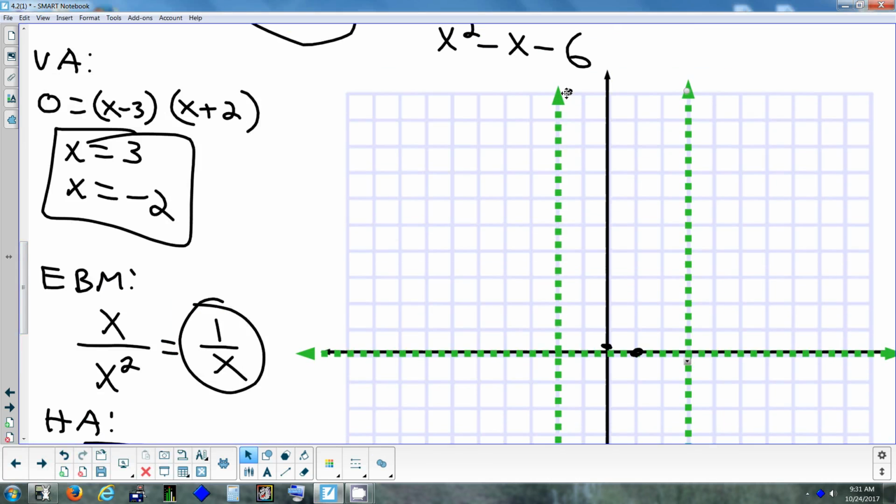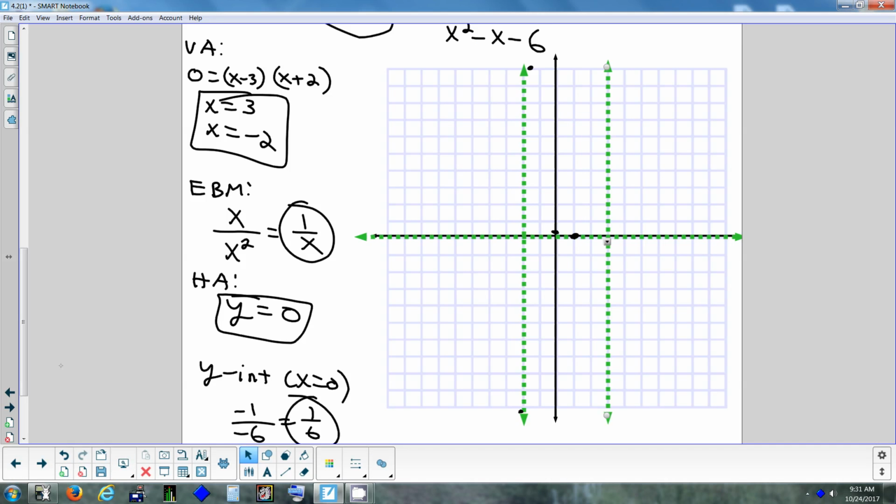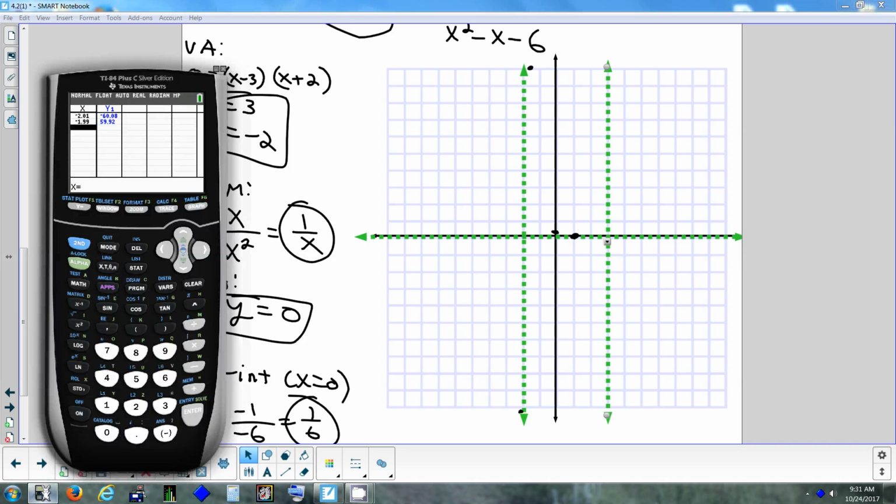Now let's do the same thing with the other asymptote. Let's check the behavior just before 3, like 2.99. If you can't type in your table, you need to go to Table Setup, second window, and put the independent variable on Ask. Then it'll let you type in your table.